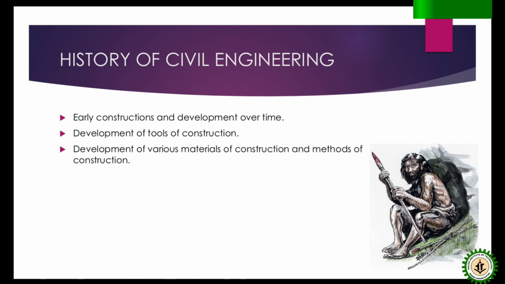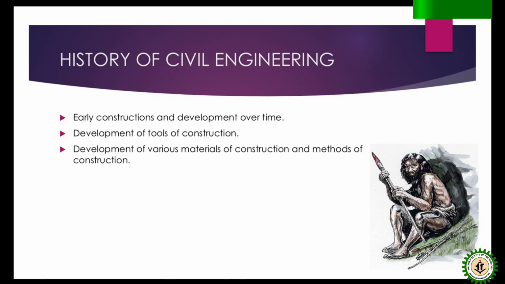Let's go to a very early stage when human beings were nomads. That means they used to move from one place to another in search of food, mostly hunting. Early constructions and development over time. Initially there was no construction, they used to move around. Then they started developing some tools.